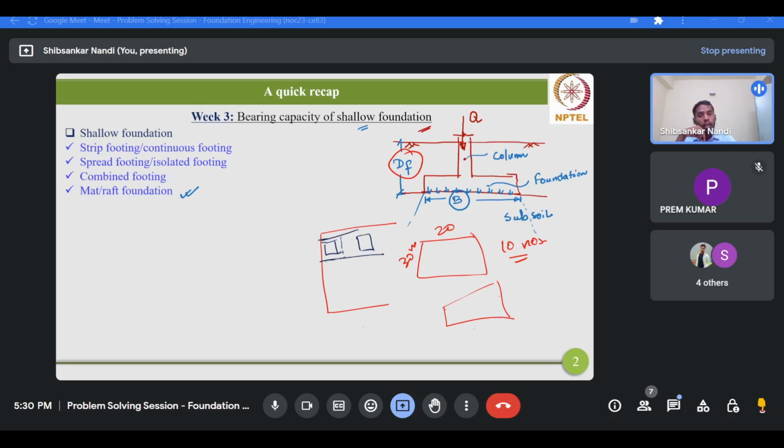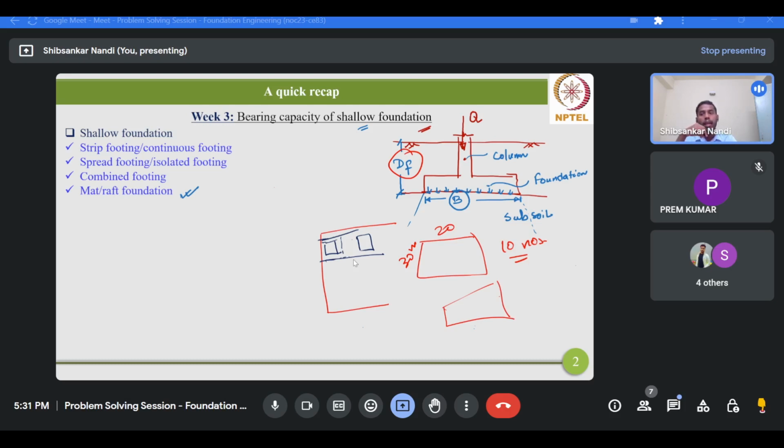Now in this way, if the cover area of all the footings basically exceed a certain percentage of the whole plan area. Okay, so I cannot recall at this point what is that figure or number. So in this way, if the footing area of all the footings basically exceed the plan area by a certain percentage, then this concept of individual isolated footing or combined footing again will not be feasible.